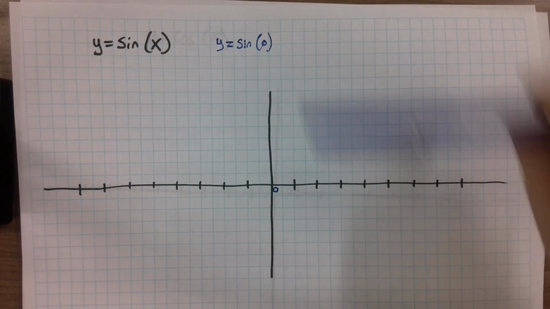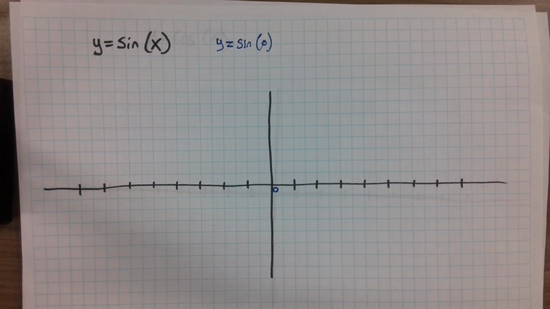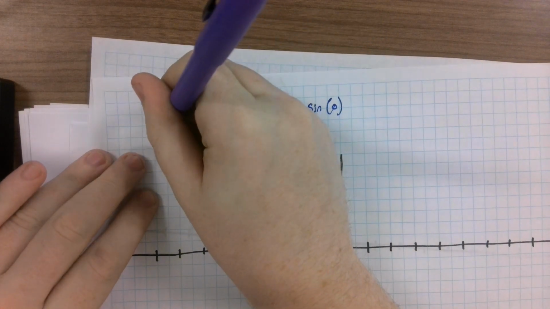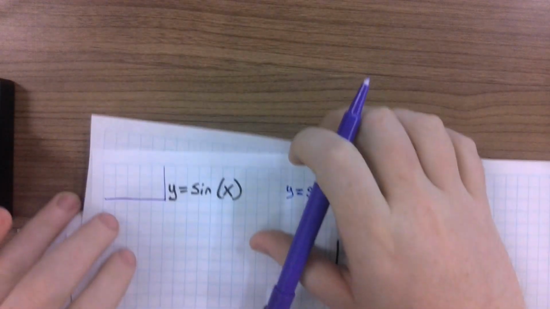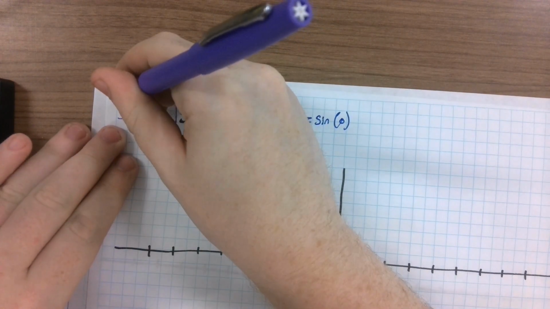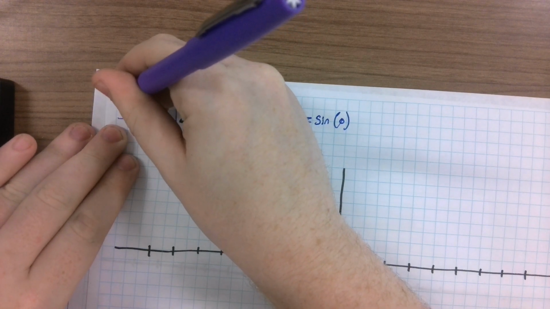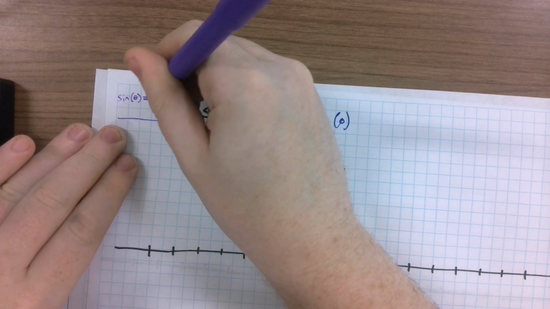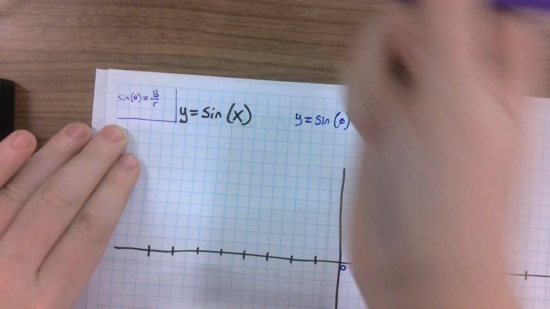Well, we have to remember a little trick we found when we were dealing with our unit circles. The rule that'll help us here, I'll put it in this top corner, is as follows. The sine of any angle, theta, equals y over r. That's what we talked about last time.